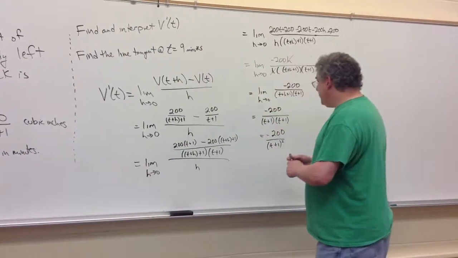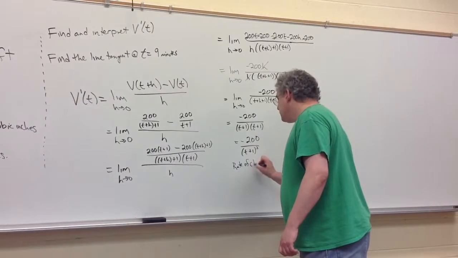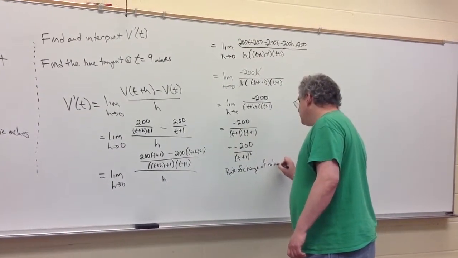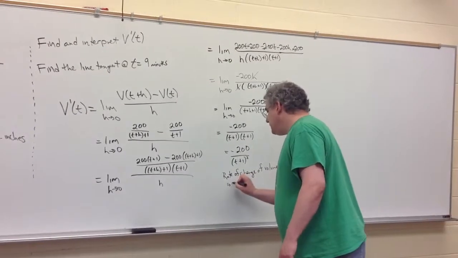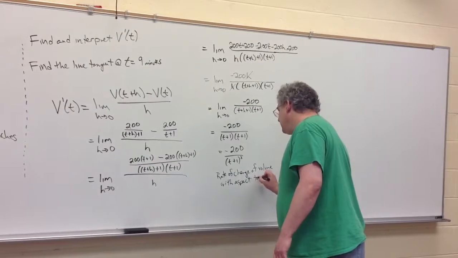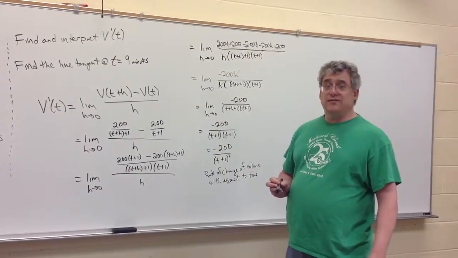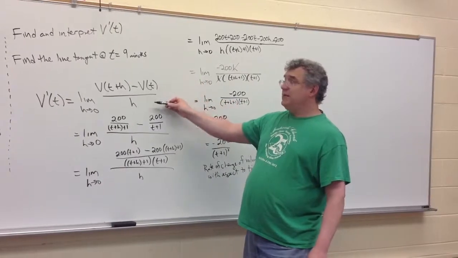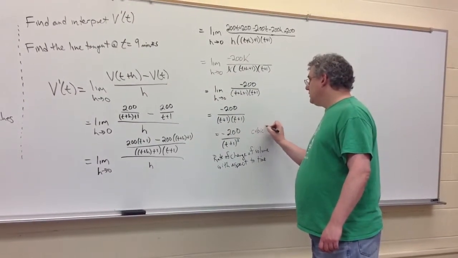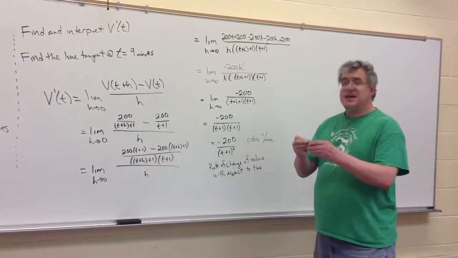So this is the rate of change of volume with respect to time. Well, what units is it going to have? It's the units of volume divided by units of time. So this is going to be cubic inches per minute.